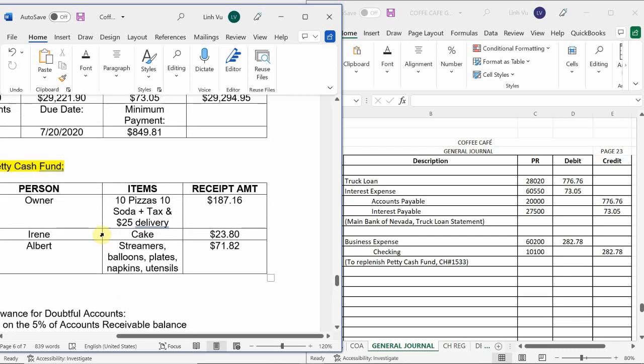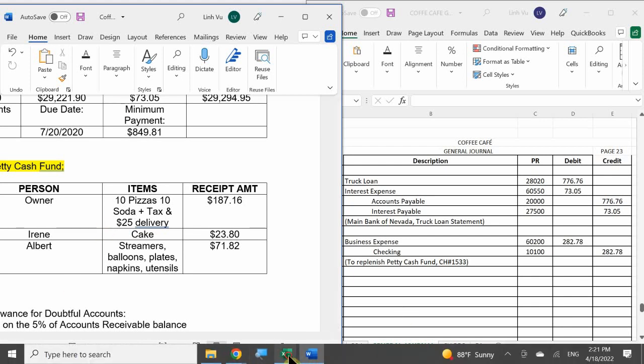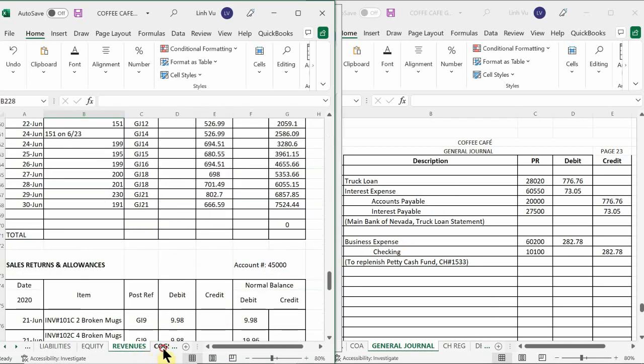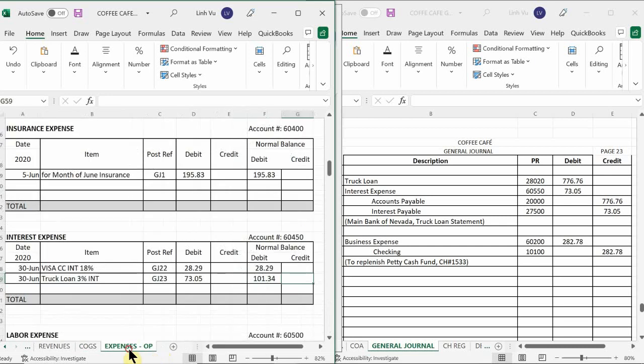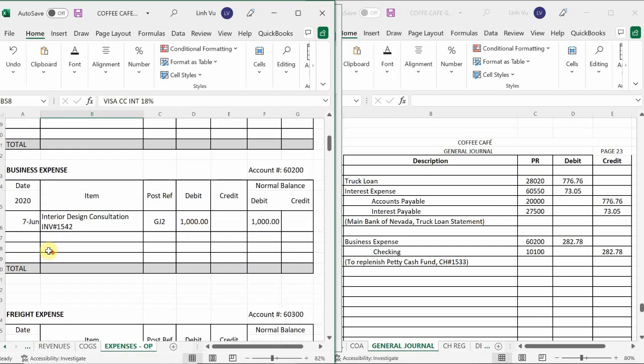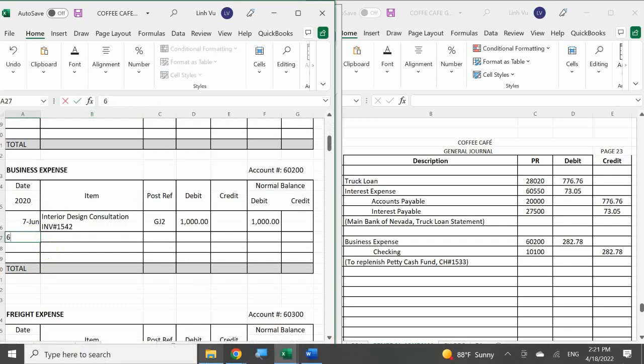I finished my journal. Ledger. I gotta go to my ledger. Okay. So in this case, let's go ahead. Let's see what's first. Business expenses. So, go to my expenses account. Okay. Here we are, business expense.